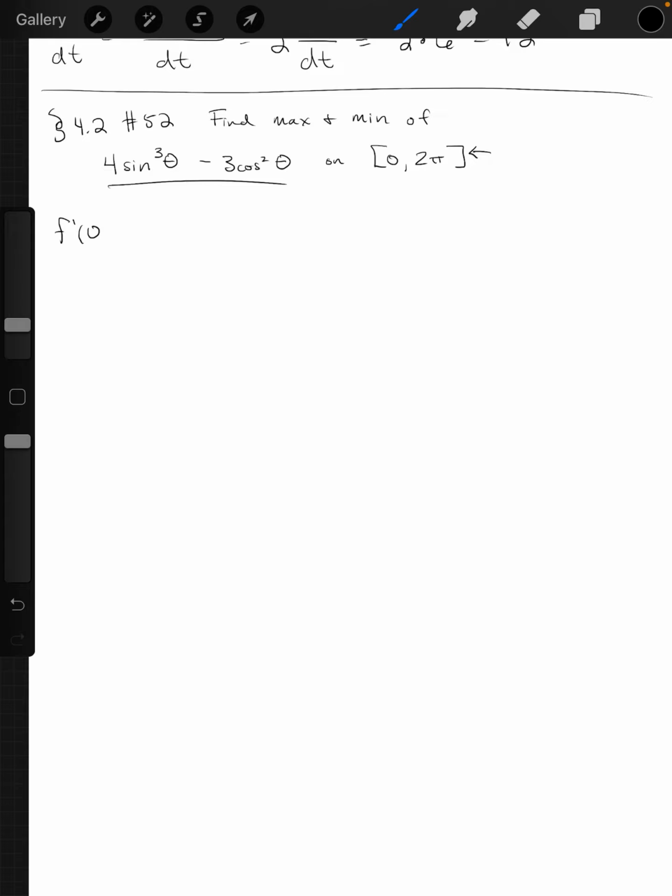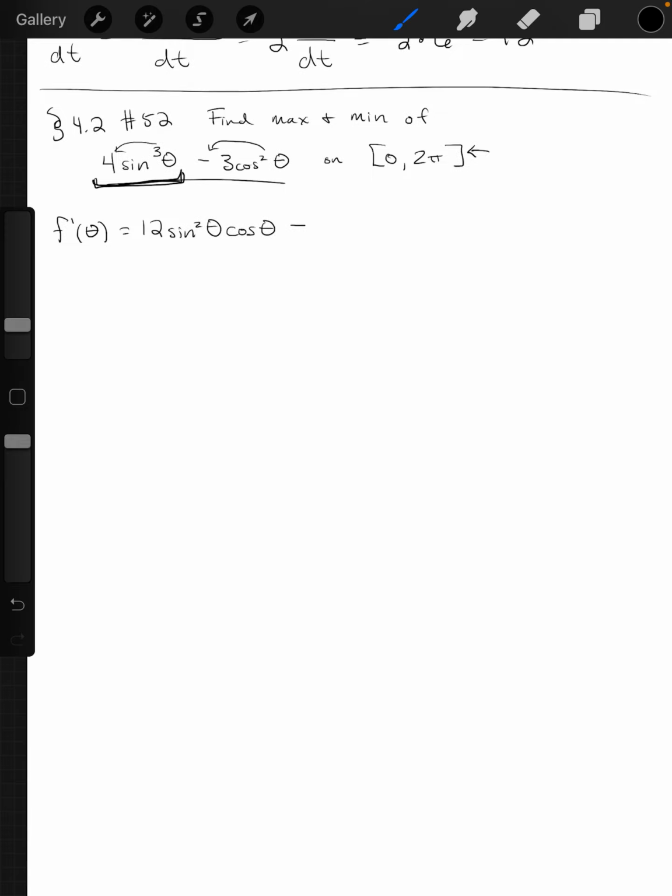So, the first derivative: we're going to use the chain rule on this first guy here, the generalized power rule, to bring that 3 forward and get 12 sine squared theta. But then, since it wasn't just an x that was being raised to the third, it was a sine theta, we have to then multiply by the derivative of the sine theta.